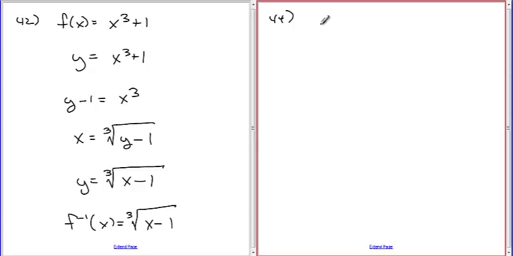So the original function is square root of x, which has a domain: x has to be greater than or equal to 0. And actually that's 43. Sorry. 44 is f of x equals x squared for x greater than or equal to 0.